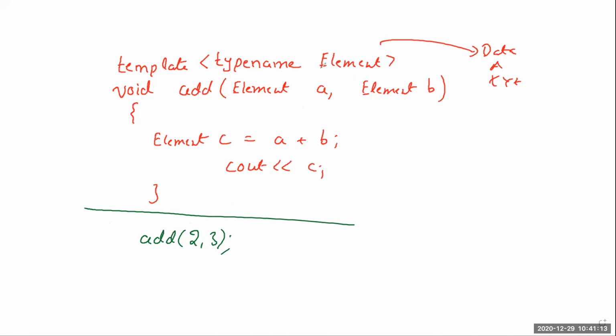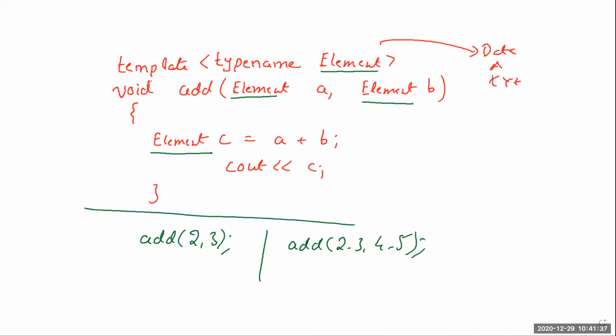What will happen is that this element will be substituted, you can think, by an integer, so this function will add two integers. And if you call this function with real numbers, this element will be substituted by a double, so it will be adding these two real numbers.